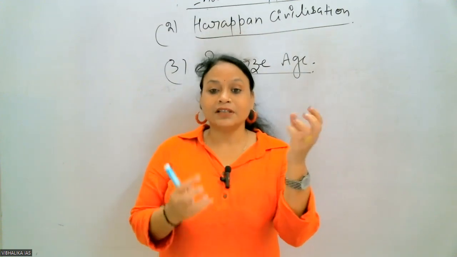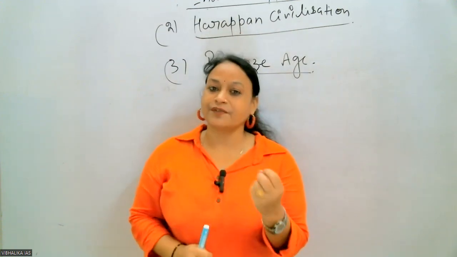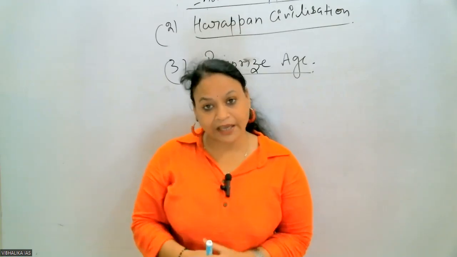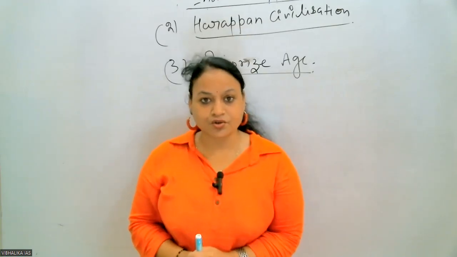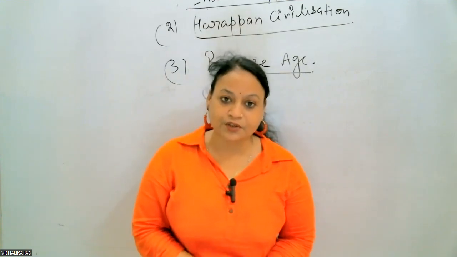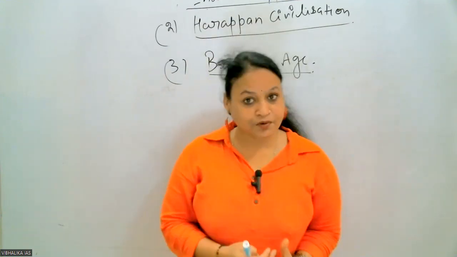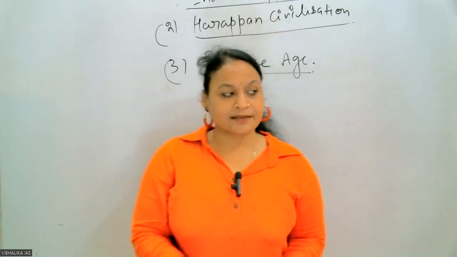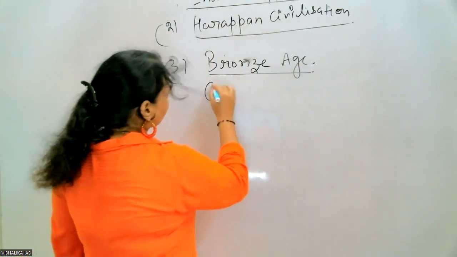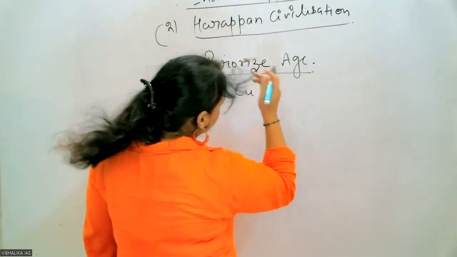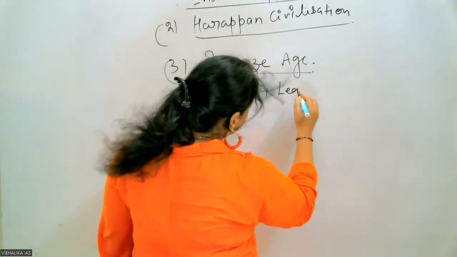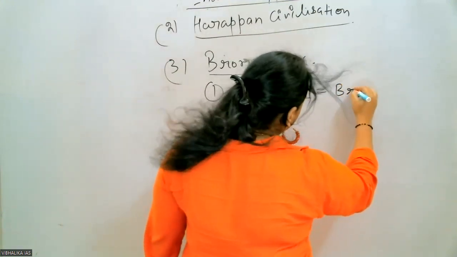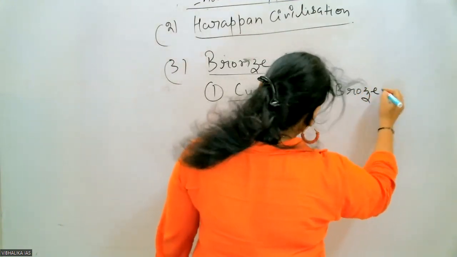But the quality of copper is that it is very soft, right? These people knew very well that copper is very soft. It cannot be used as tools in agriculture. It cannot be used in weapons. So they mixed two metals: copper plus tin is equal to bronze. Clear?